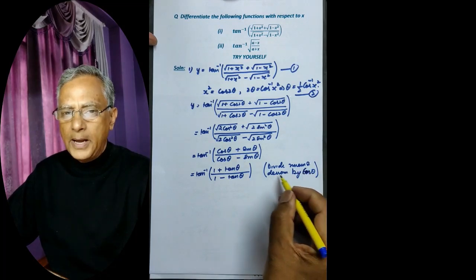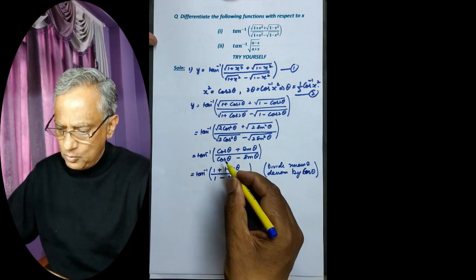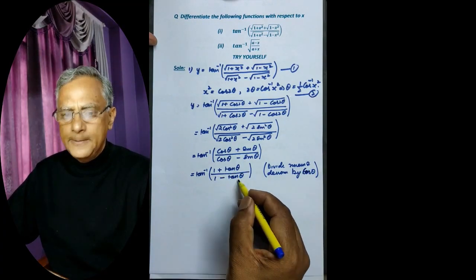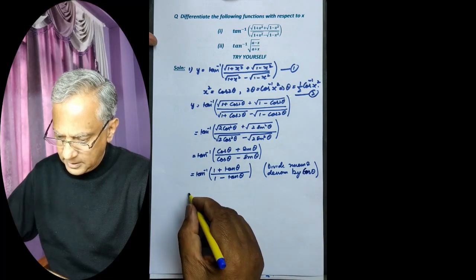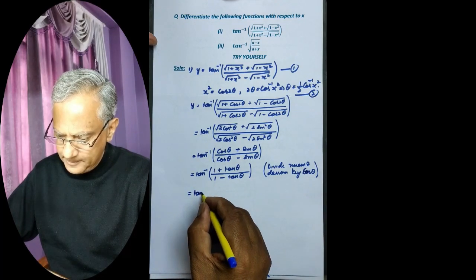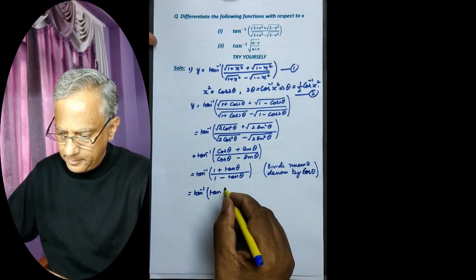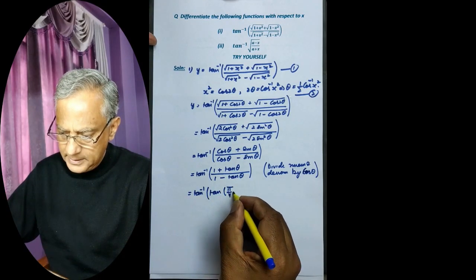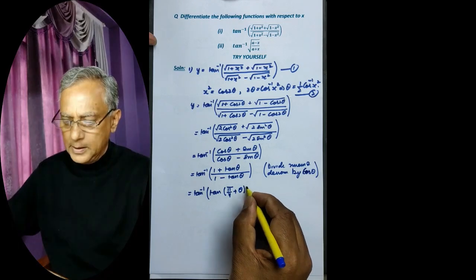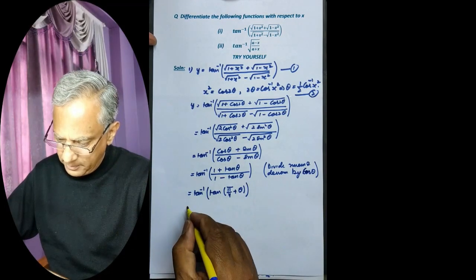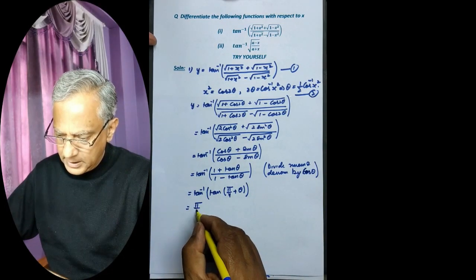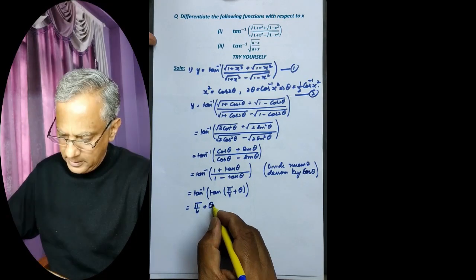Divide numerator and denominator by cos theta, we will get 1 plus tangent theta over 1 minus tangent theta, and this is equal to tan inverse tan of pi by 4 plus theta, and this is equal to pi by 4 plus theta.